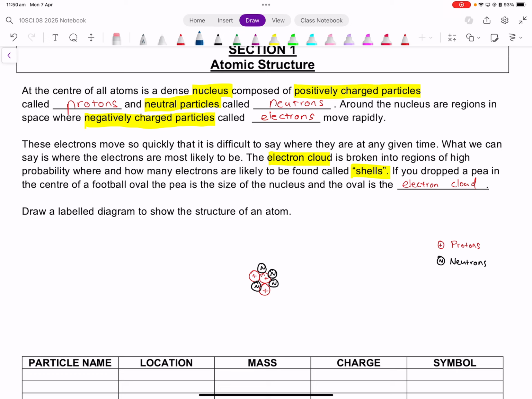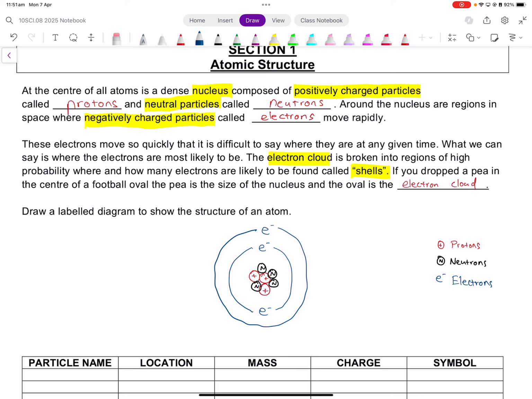And you may or may not remember from last year, I like to draw electrons as E's with a little negative symbol, okay? In the first shell, we're going to have 2 electrons. And orbiting around it is our second shell, which is E with a minus. Now, we will review electrons and electron shells, but I like to just introduce you this year to this one, just to kick that memory into gear.